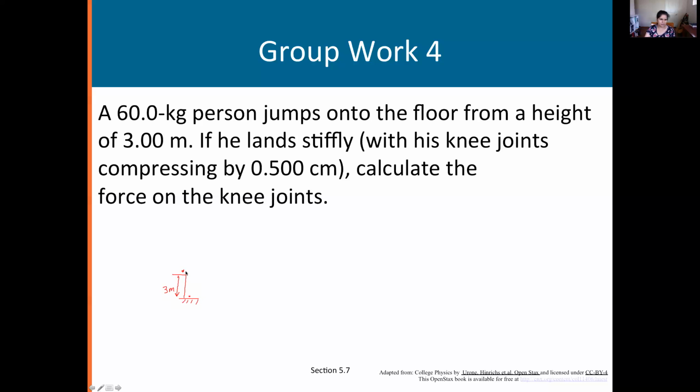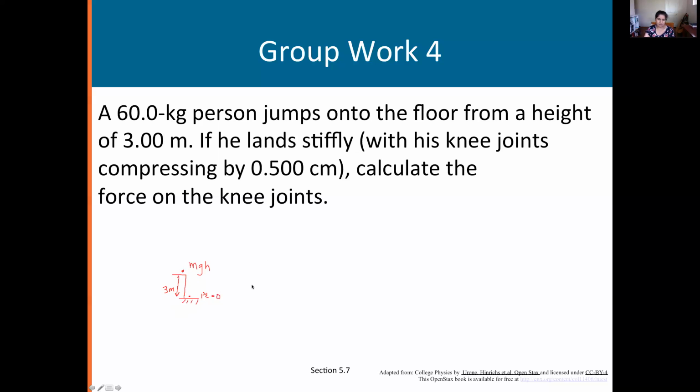So what's the total energy here? This is mgh, mass, which is 60 kilograms, g 9.8, h is 3 meters. It must be equal to whatever his knee joint absorbs. That's the difference in potential energy, since we're going to take our potential energy here to be 0.